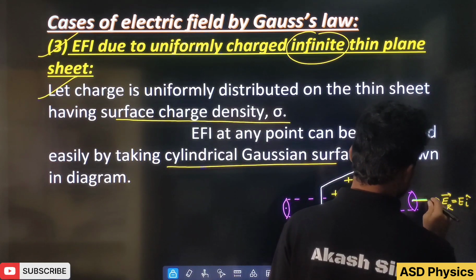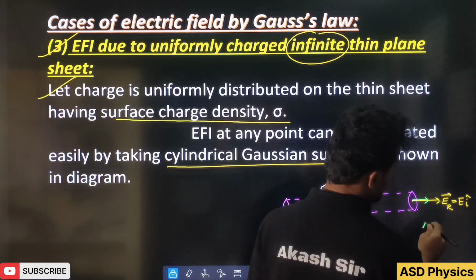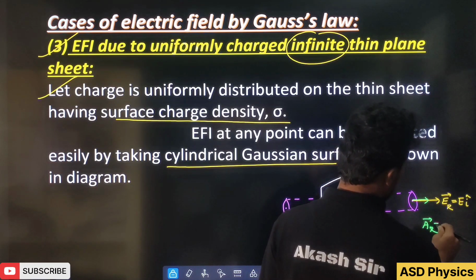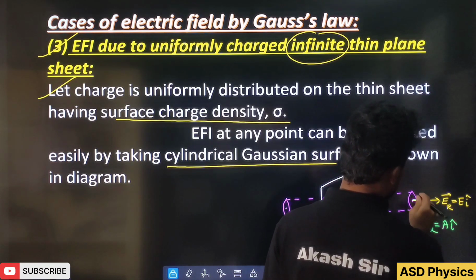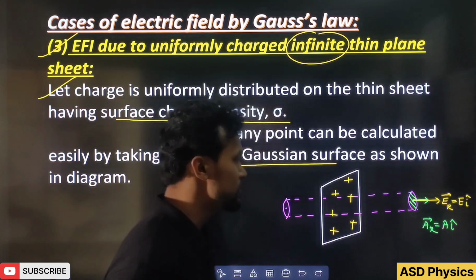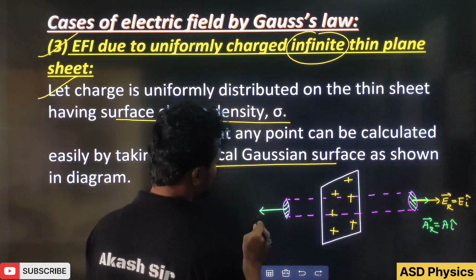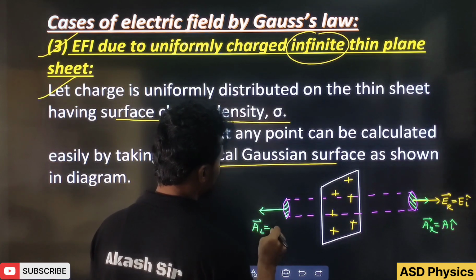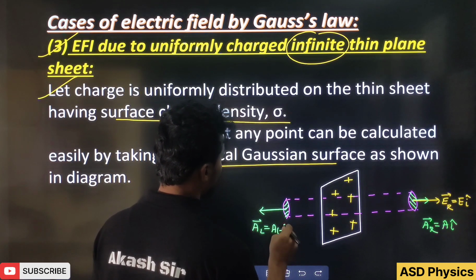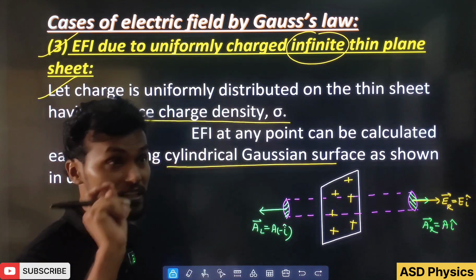Here this area vector is also given by magnitude A and direction i cap. Similarly, on this side the area vector points this way, so I can write A left is equal to A into minus i cap. I am writing in the very standard vector form.